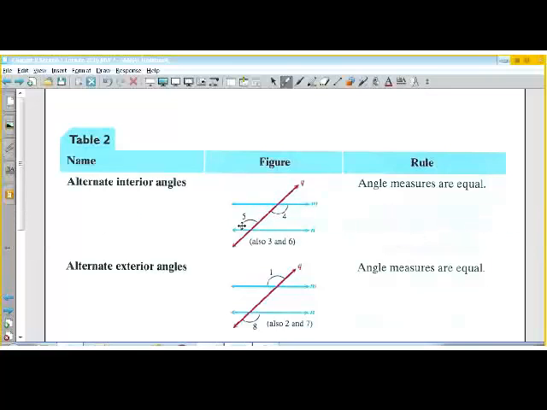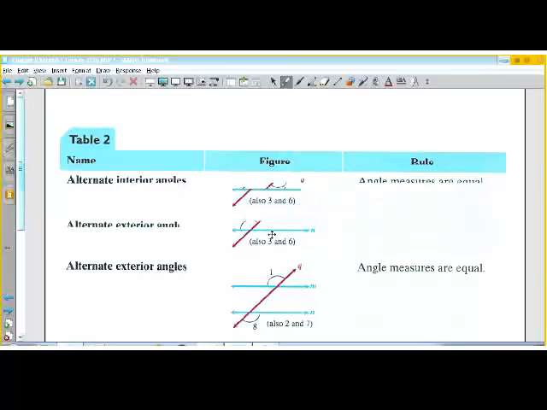This angle, which is a big angle, and this angle, which is also big, are on opposite or alternating sides of the transversal, and they are inside the two parallel lines. As a consequence, we call them alternate interior angles. And because they're both big, the rule is the angles are equal to each other, which is what we said.